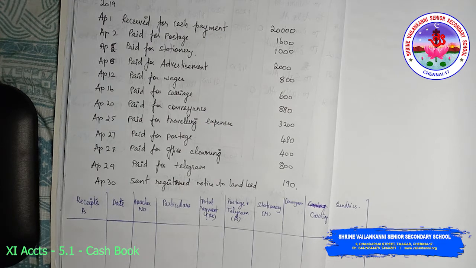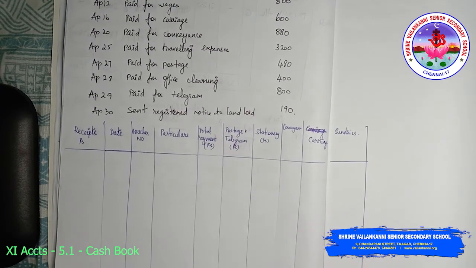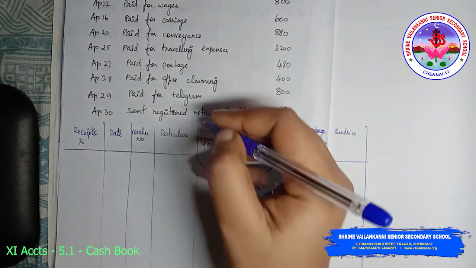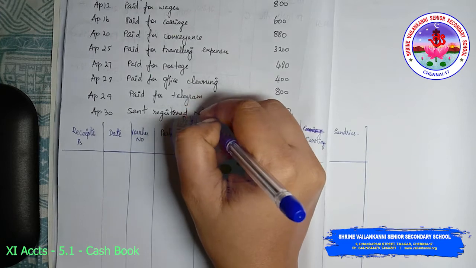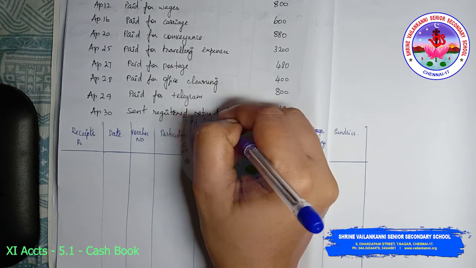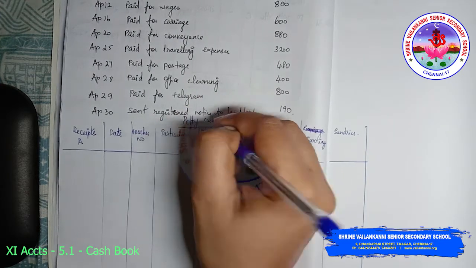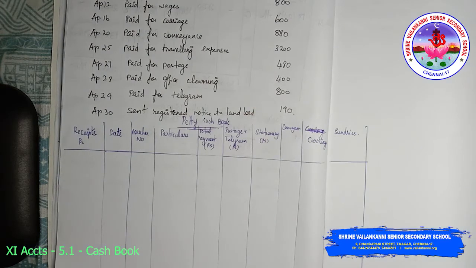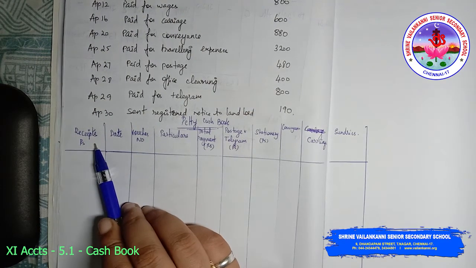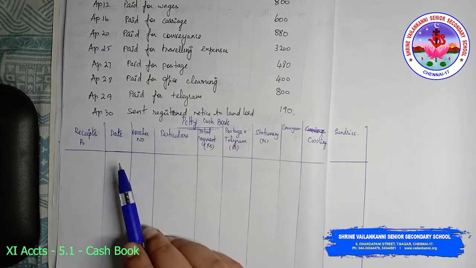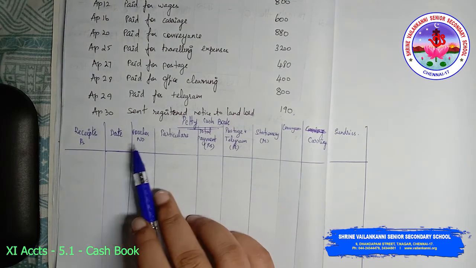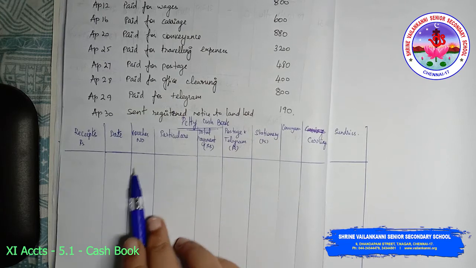First I'll tell you the format of the petty cash book. Write the title as petty cash book. In that, whatever is the receipt, you write it here. Date, the date of your transactions, and voucher number, though nothing will be recorded here.